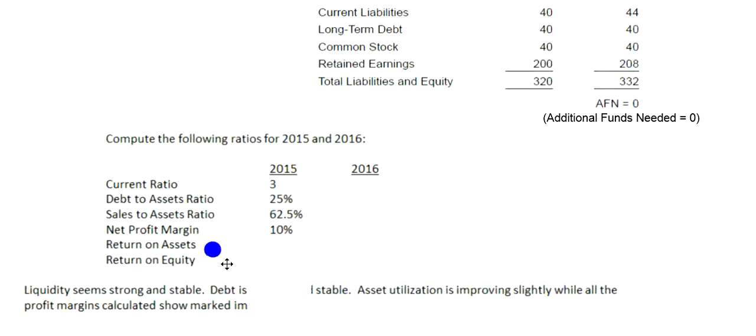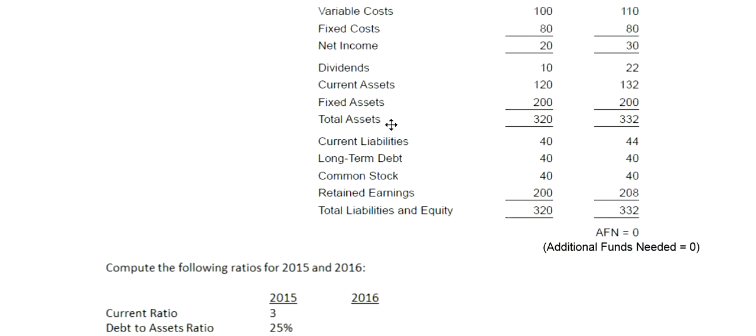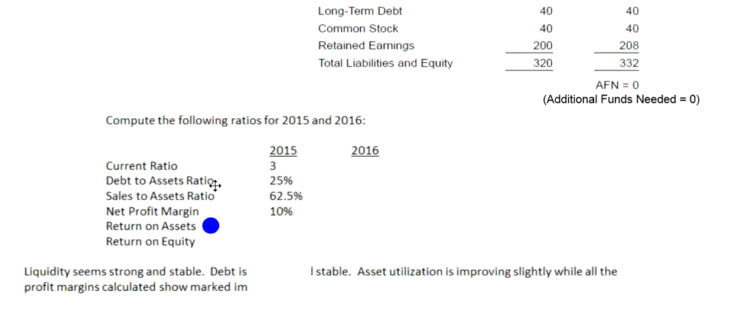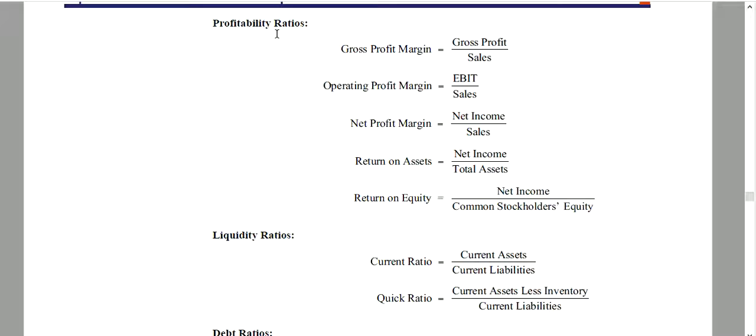Return on assets. So what is our return on all of our assets, fixed and current? Return on assets is a profitability ratio, which is net income over total assets. So let's go back over here.